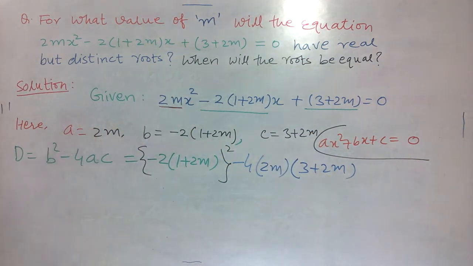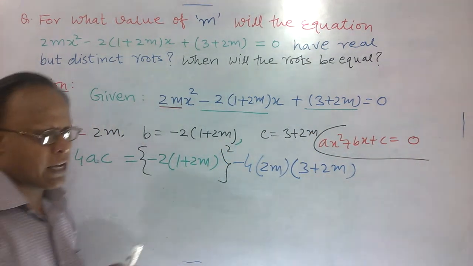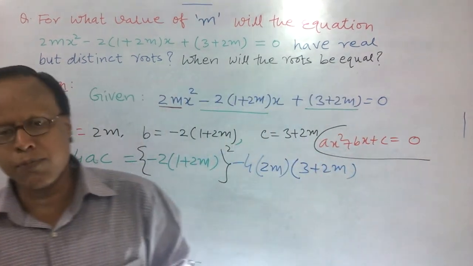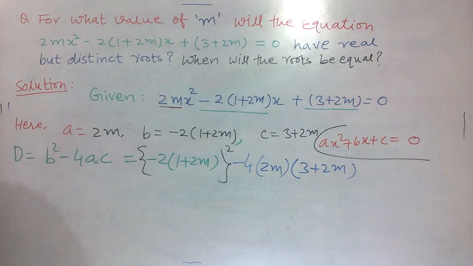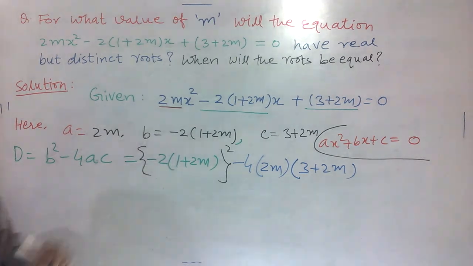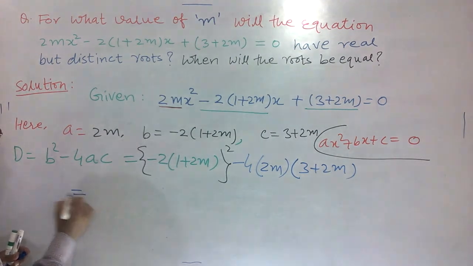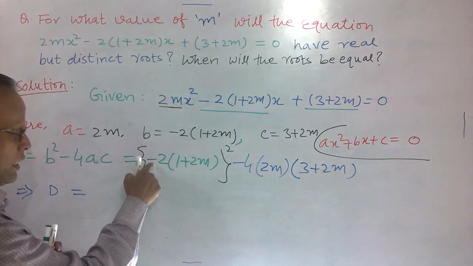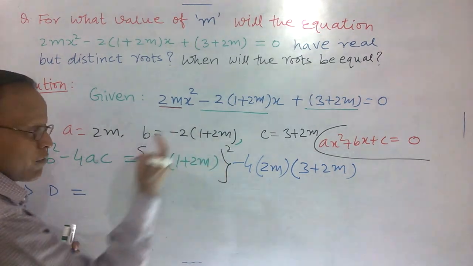Now simplify it. What is the formula of (a plus b) whole square? Yes, good. (a plus b) whole square is equal to a square plus 2ab plus b square. Apply that relation here to open this bracket. So discriminant D is equal to square of negative quantity always positive.